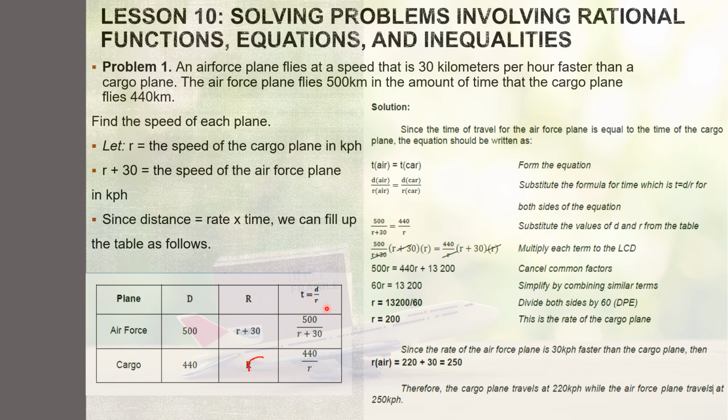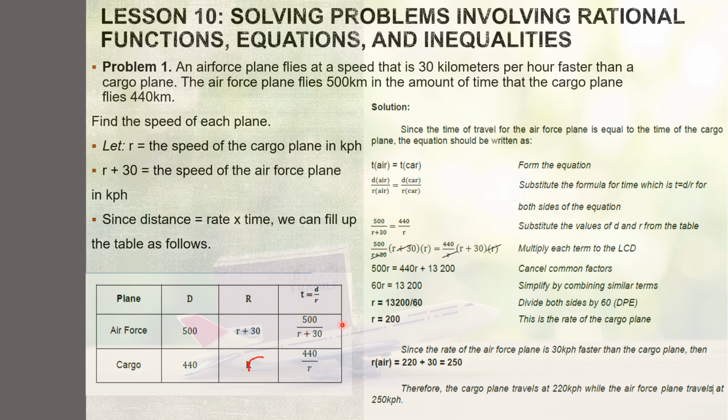Time is equal to distance over rate, right? Because distance is equal to rate times time, when you solve for time, we divide both sides by rate. Therefore, time is equal to distance over rate. That's the formula.